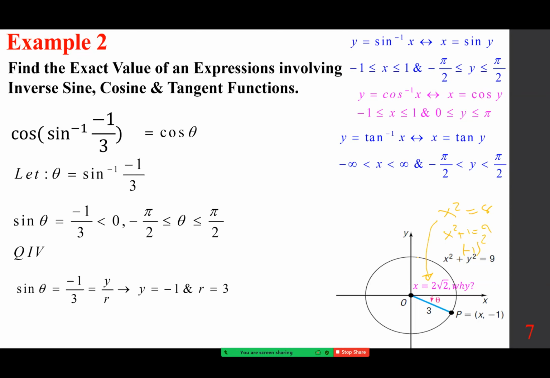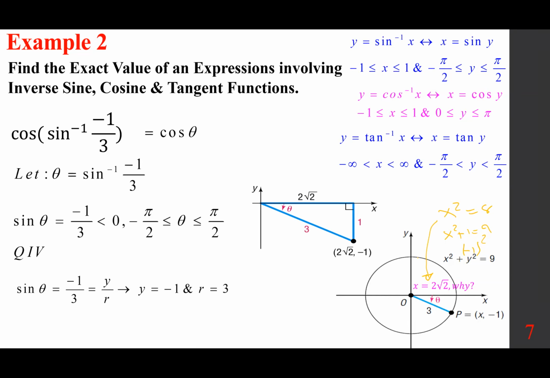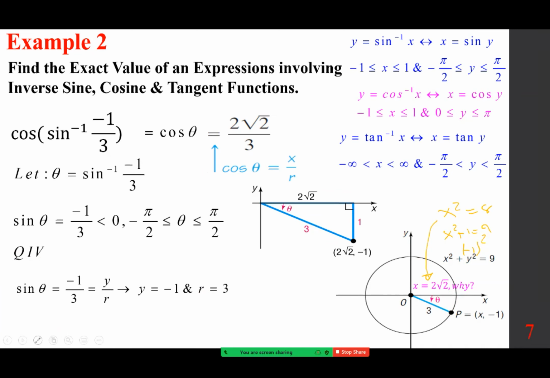Cosine is x over r, and it's 2 square root of 2 over 3. This is the synopsis of what you have here. Okay, if you draw this, that's the same triangle. We made it a tad large.